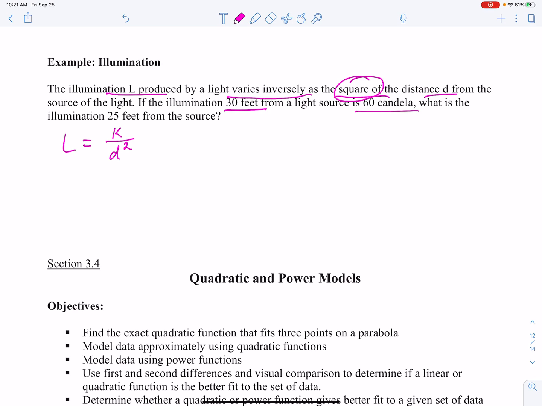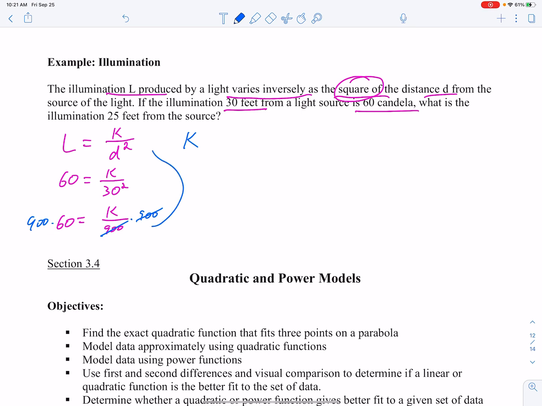So 60 candela, that's the L, equals k over 30 feet squared. So that's 60 equals k over 900. So we're going to multiply both sides by 900, because multiplying both sides by 900 reduces away that 900, and we get k by itself.